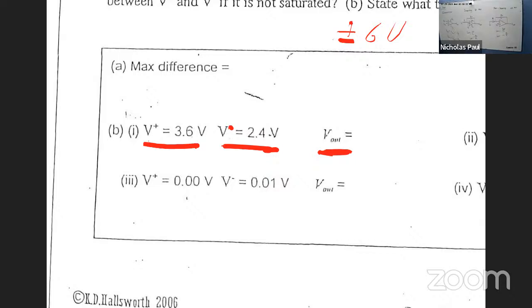Sorry, that's non-inverting, and this is inverting. The negative sign is the inverting voltage, and the positive sign is the non-inverting voltage. Which is higher?